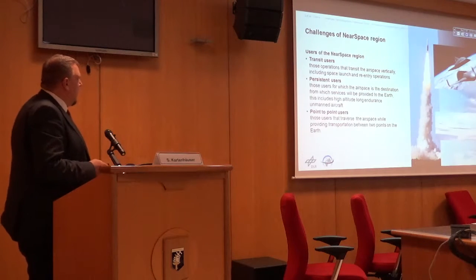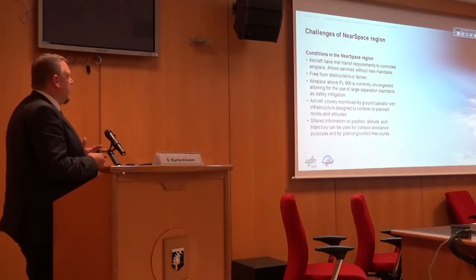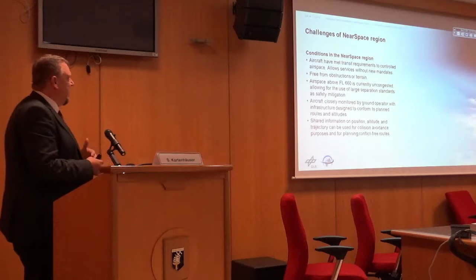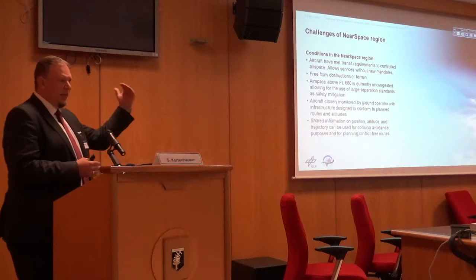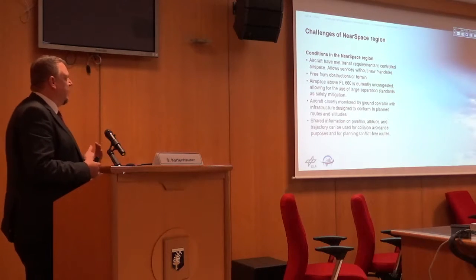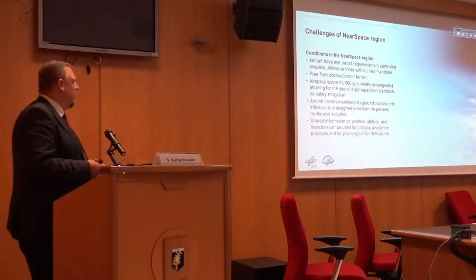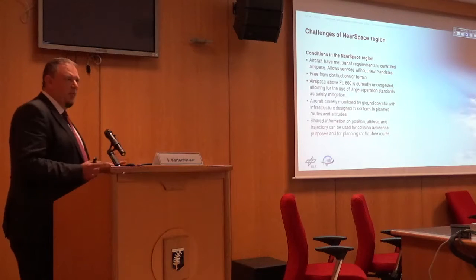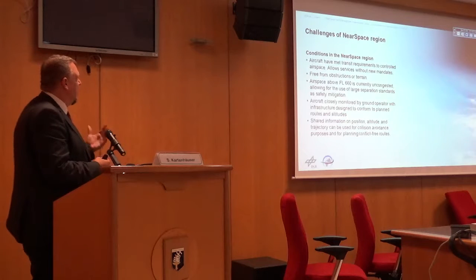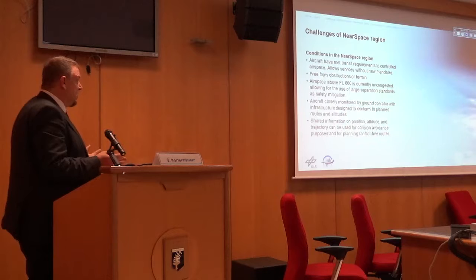So with this in mind, the question is, what kind of conditions are we facing in this region? Usually aircraft which are operating at these kinds of altitudes have to transit first through controlled airspace, so in principle that would allow us to provide service without new mandates, because we have already, let's say, guided them and mandated our service to them. In this area, of course, we are free from obstructions and terrain.